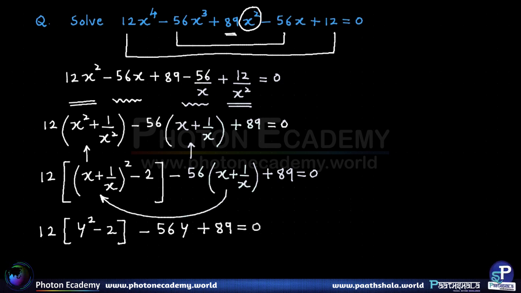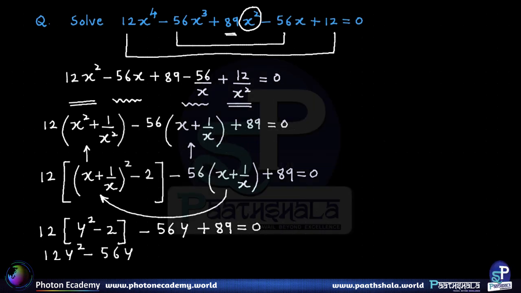So on solving this, we get further 12y squared minus 56y plus 65 equal to 0.